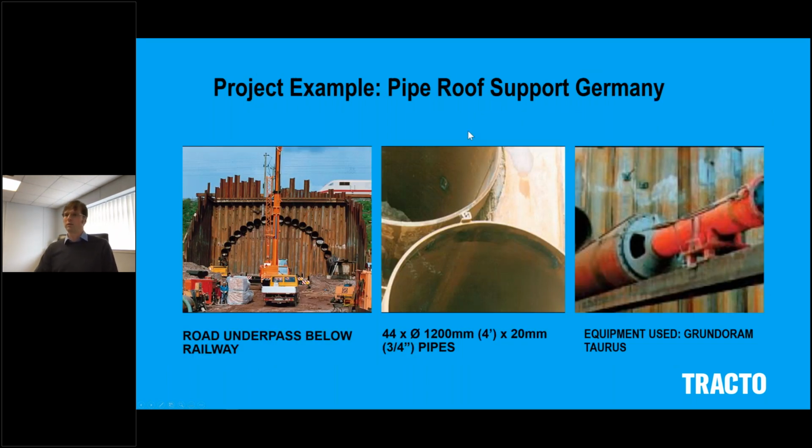Another example that I would like to share with you is this one. You may have seen this picture before. We like to show this at exhibitions. This was a job site in the north of Germany where we installed 44 pipes of 120 millimeters, 1.2 meters in diameter, in a circle to create an underpath under a high-speed rail line.